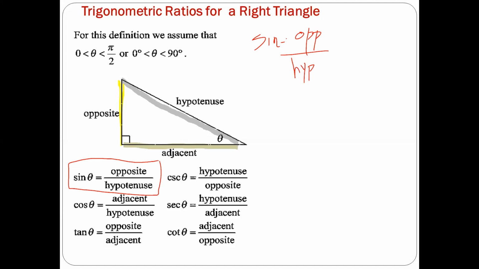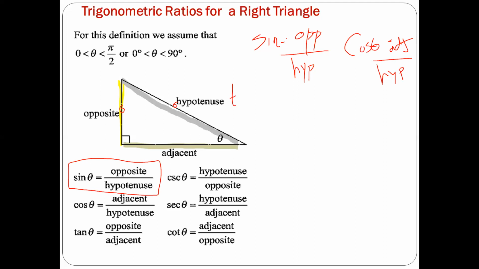This is the opposite, and this is the hypotenuse. And cosine, for this one I will use adjacent over hypotenuse. So sine is opposite over hypotenuse, and cosine is adjacent over hypotenuse.